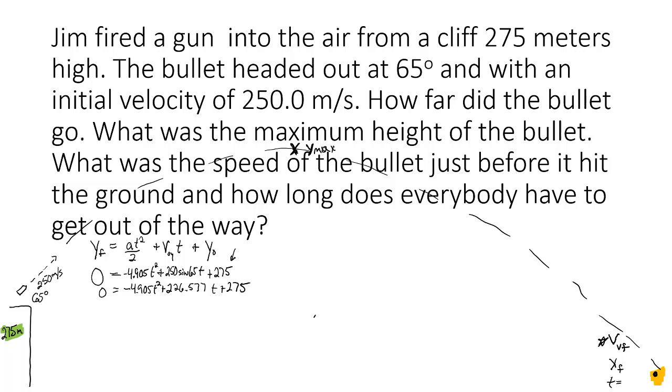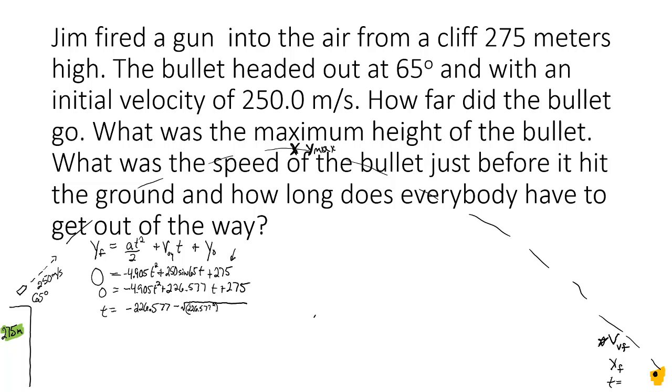So we'll use the quadratic equation to find t equals negative b. So it's 226.577 minus, and I know the quadratic equation says plus or minus, but the only way we're going to get a positive answer is if we use the negative version. We've seen that a number of times this year, so I don't want to go into explaining that again.